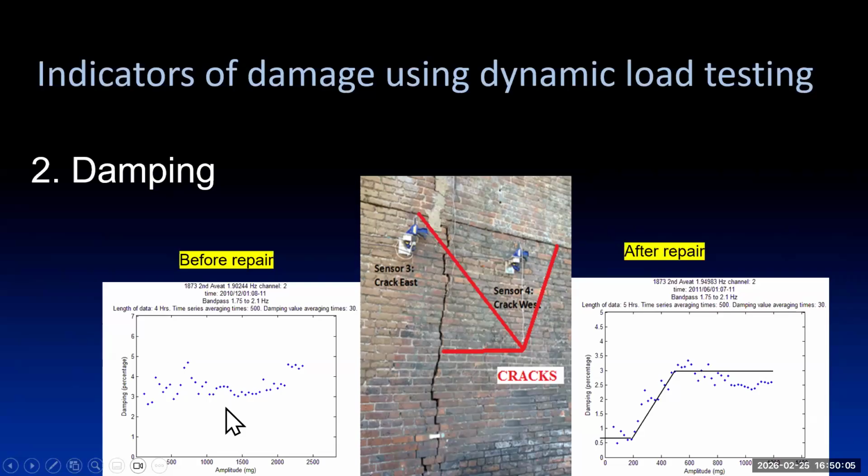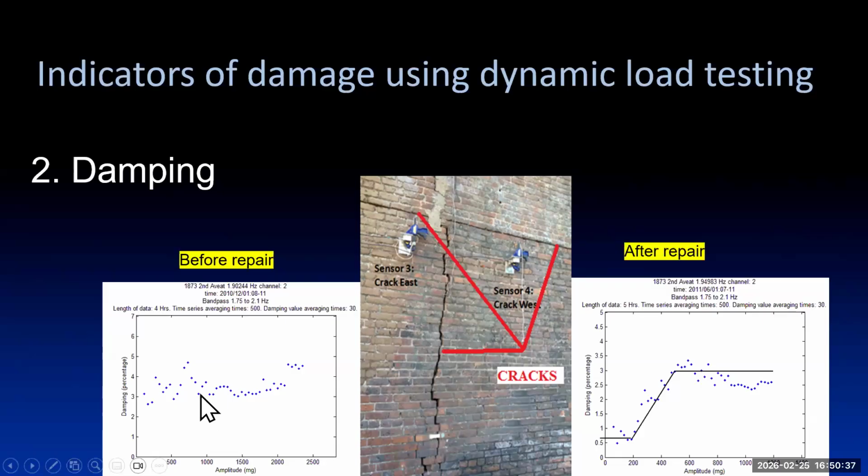The important thing is that at every single point there is a measurement of damping at a particular amplitude. That's done using the random decrement that NASA used originally, looking for a problem with the space shuttle's wing. And we modified it so that it would be usable for structures.